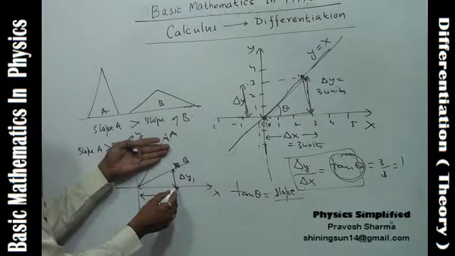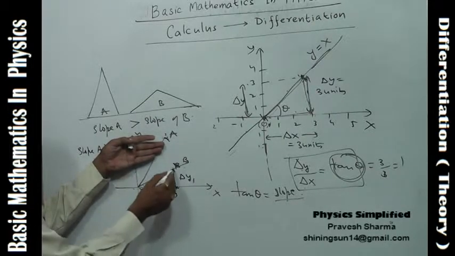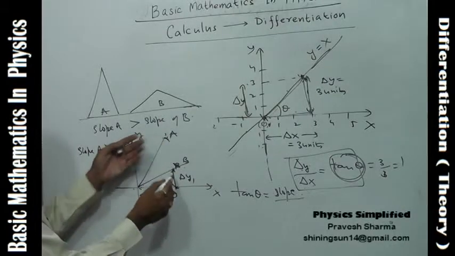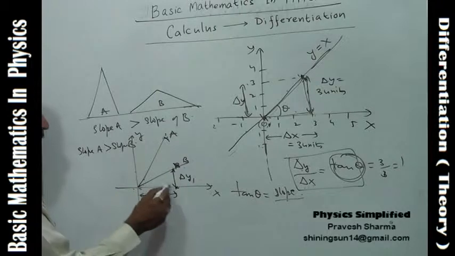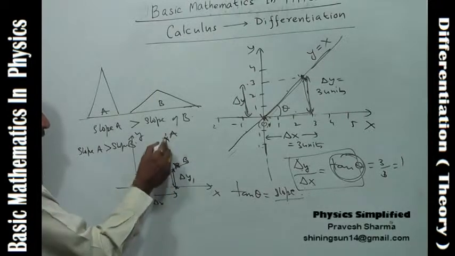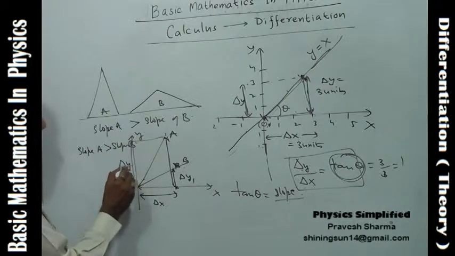So what is the change in y? Over here, y was 0. Over here, this is some y. So this is delta y1. Whereas for this A, if I have to find out for the same change of x, that is from here to here, the y has changed from here to here. This is the change of y.